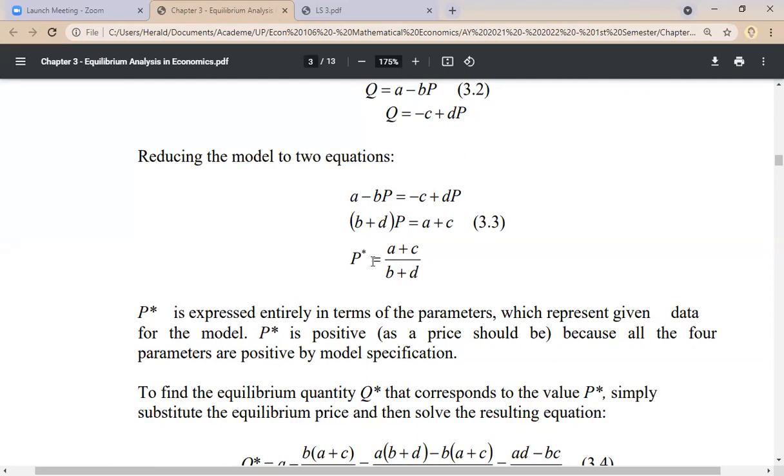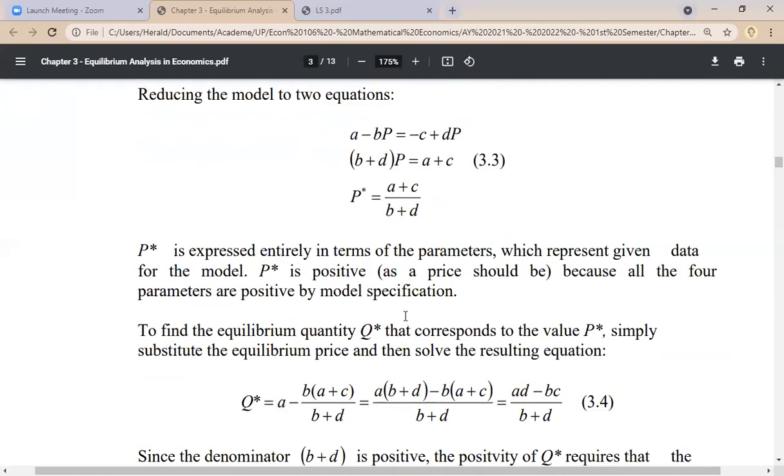We're now left with isolating P, and by that we have P star that is entirely expressed in terms of the parameters given in the model. P here, as should be the case in economics, would indicate we have a positive value for P. So we have a positive price.